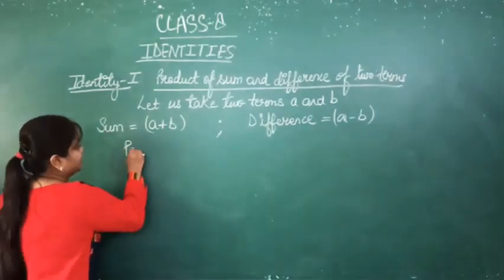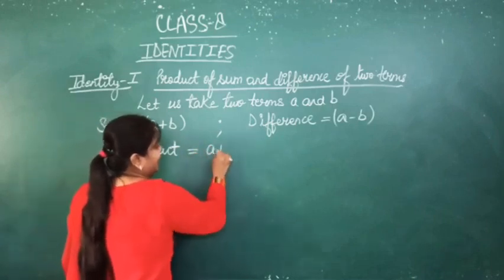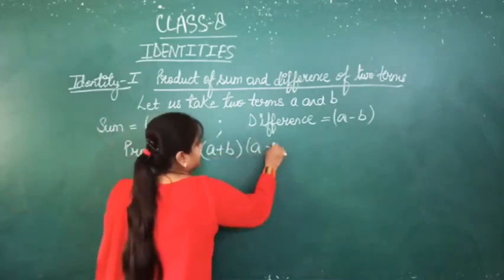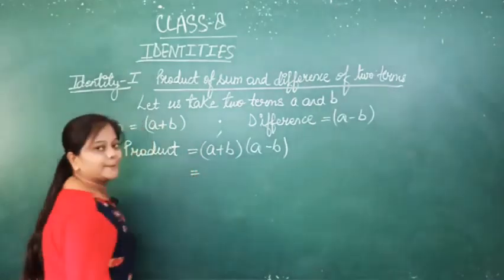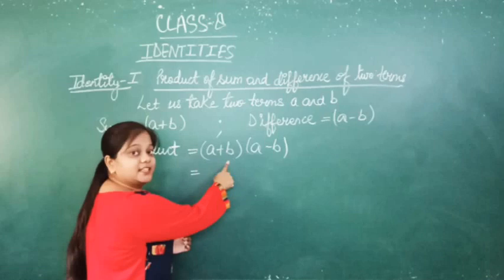When we will find the product, we will write that product is equal to (A plus B)(A minus B). When we will simplify it, we have to multiply these two brackets.